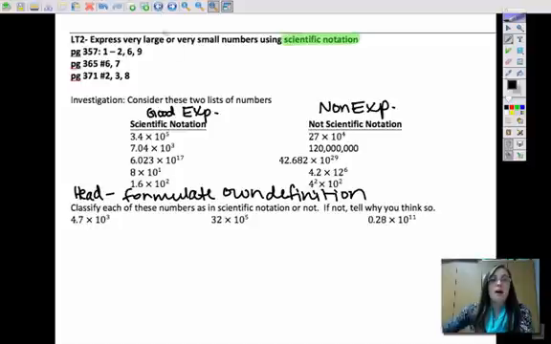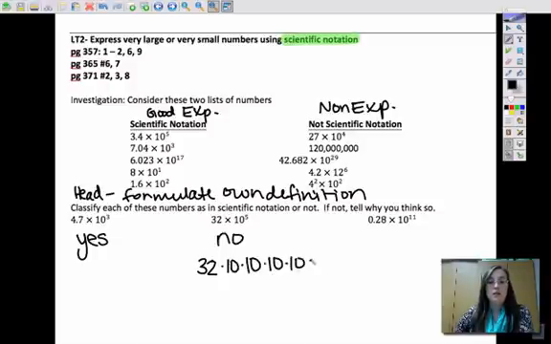So going back to these three that you were supposed to classify, I can see that this first one is a number between 1 and 10 times a power of 10, so yes, this is in scientific notation. The next one, the first number is 32, so even though it's multiplied by a power of 10, no, this is not scientific notation. This 32 times 10 to the 5th would be the same thing as taking 32 times 10 five times, which basically means it's going to be 32 with 5 zeros after it.